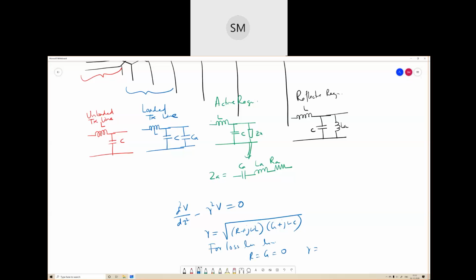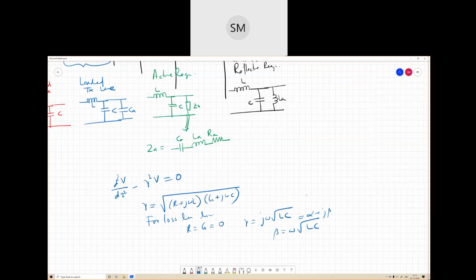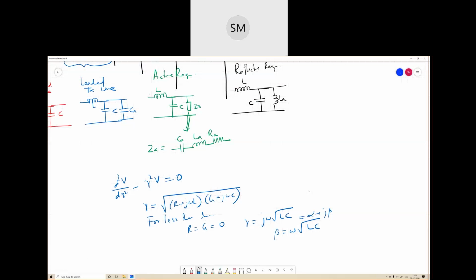So gamma equals j omega square root of LC. Gamma is alpha plus j beta, so beta, the phase constant, equals omega square root of LC.